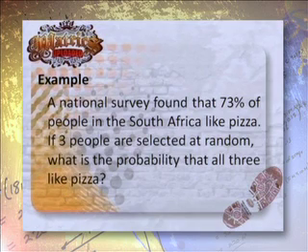Now, the next example is also about pizza, but this time a national survey found that 73% of people in South Africa like pizza. Now, if 3 people are selected at random, what is the probability that all 3 like pizza? Because there are so many people in the population, we assume that even if the person isn't replaced, it's not going to change the probability.